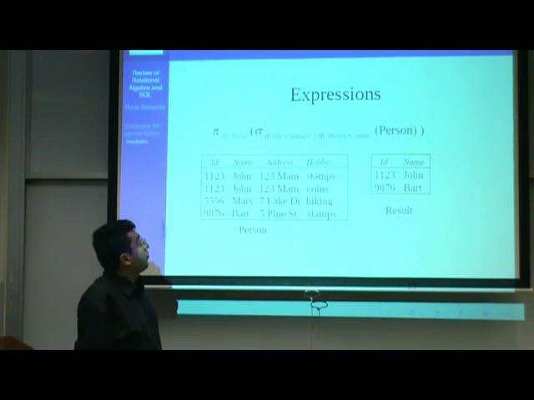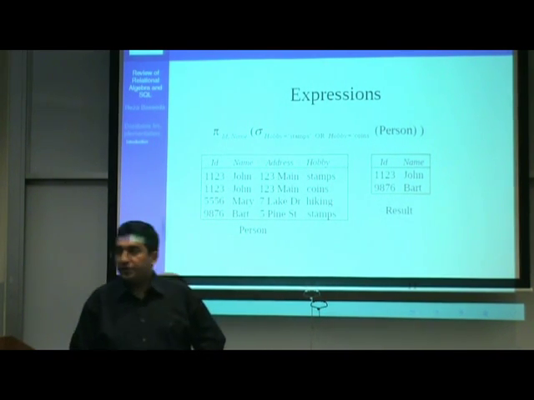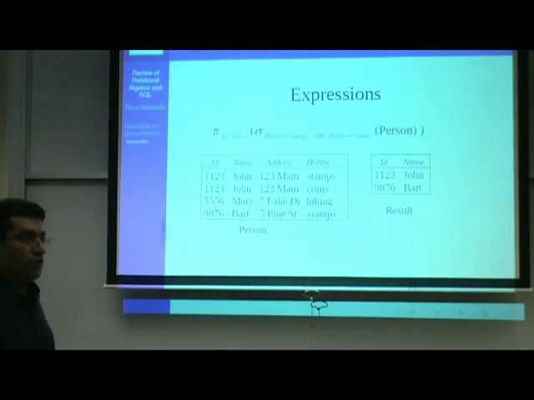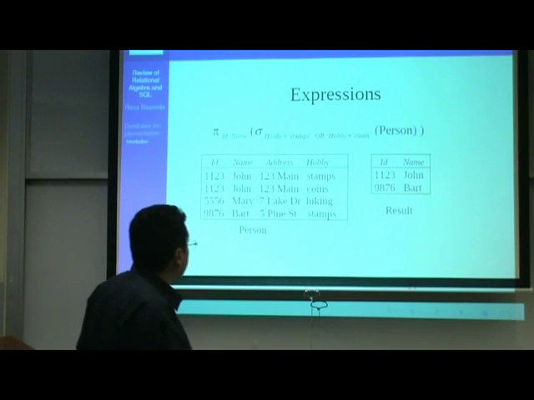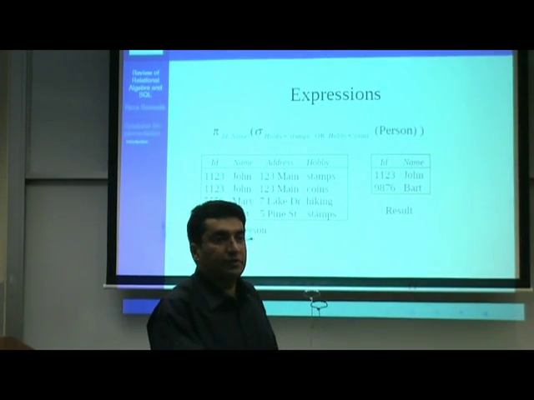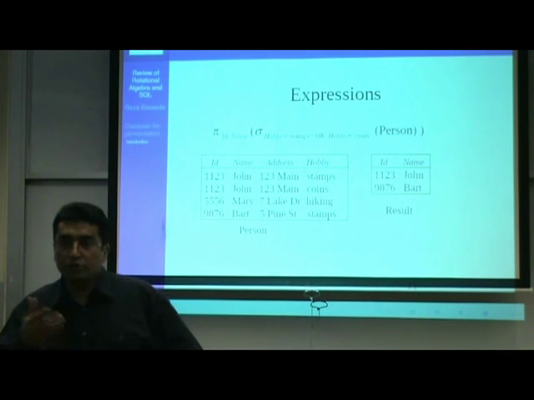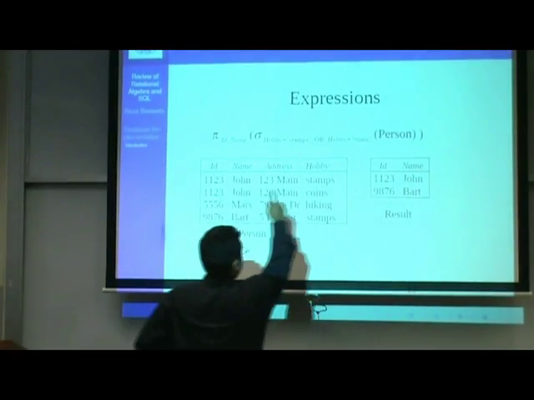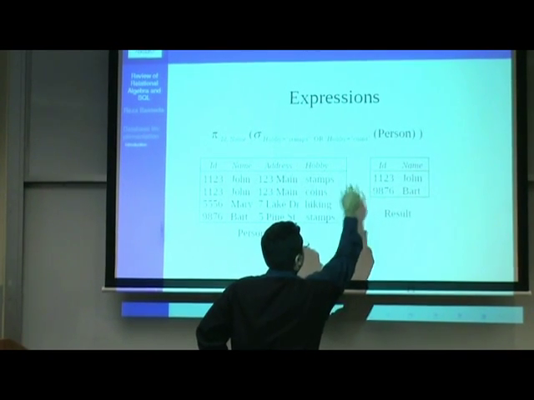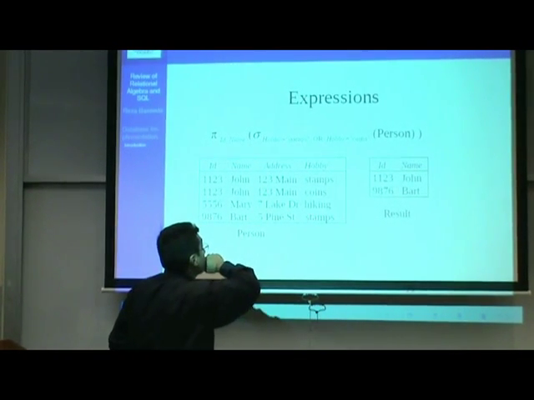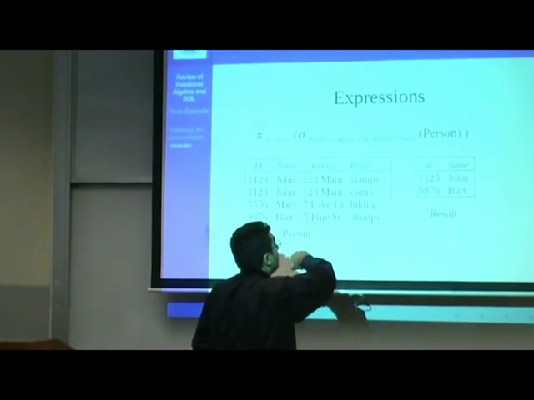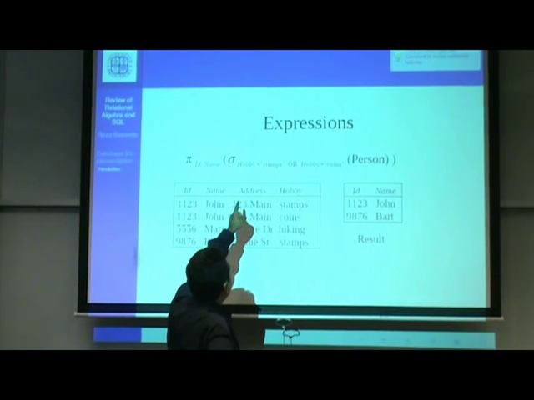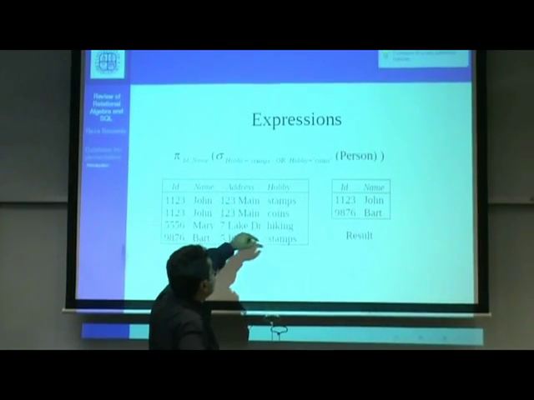So now it's an algebra. You can use these operators on top of each other. You can use these operators on each relational algebra expression and get a new relation, right? For example, here, first we use the selection operator on the person table to filter all of the rows that have hobby equal to stamps or hobby equal to coins.